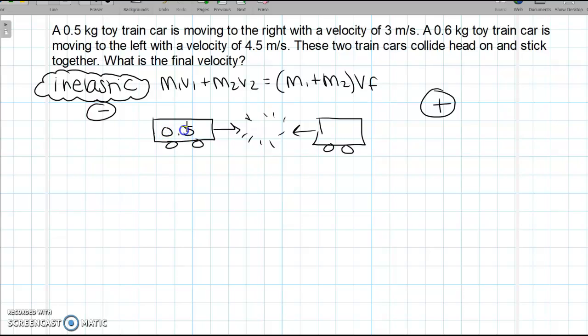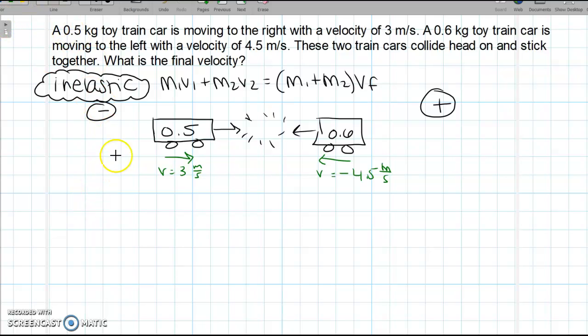So this is 0.5 kilograms and this is 0.6 kilograms. The velocity for the 0.5 kilogram one is 3 meters per second, and for the other one, we have v equal to negative 4.5 meters per second, because it's going to the left side.